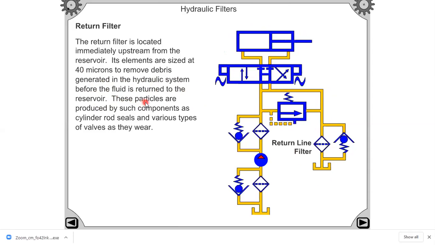These particles are produced by components such as rod seals and various types of valves as they wear. We are using sealing inside the cylinder, and the direction control valves also, whatever worn part is there, can be trapped in this return line filter.